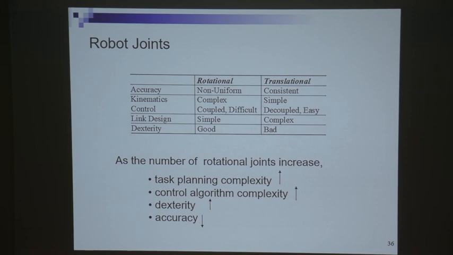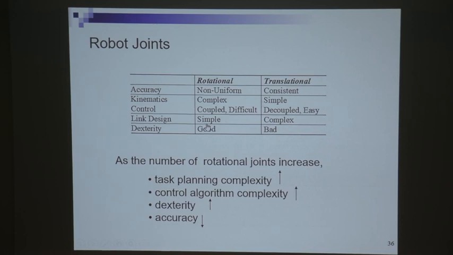Accuracy is non-uniform. Oh, you don't understand why for the rotational... okay, so the accuracy for the rotational, you have 1 degree, 2 degree, 3 degree. Your 1 degree, 2 degree, 3 degree will be connected to a link, so the length of the link will actually have an effect.